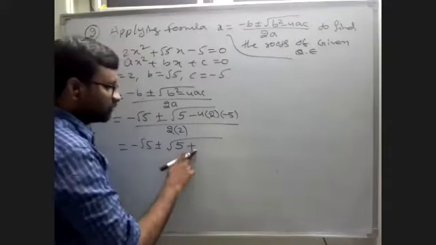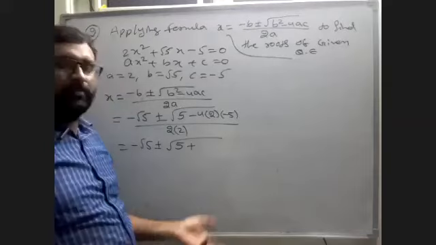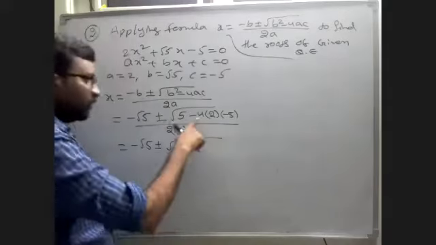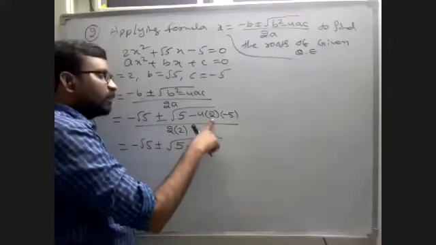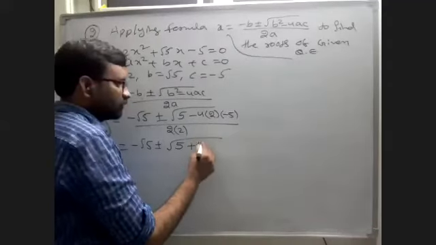Then multiply the values. First you have to multiply signs, then multiply numbers. Why? Because these are in product. Yeah, tell me. 4 twos are 8, sir. 8 fives are 40, sir.